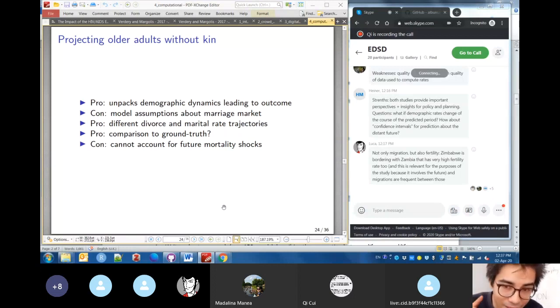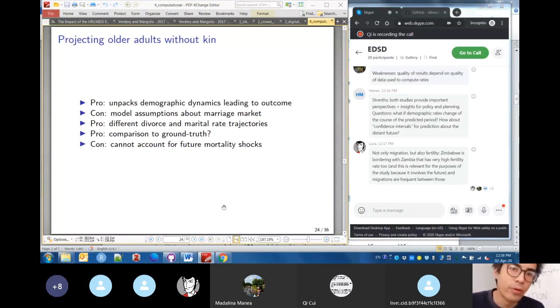So they did run multiple simulations that had different projections for divorce and marriage rates, and presumably we are only shown some kind of mean of those. It's not very clear what exactly we're shown, but they say that they are robust. They assure us that it's not only one simulation, but they do in a way account for this heterogeneity.